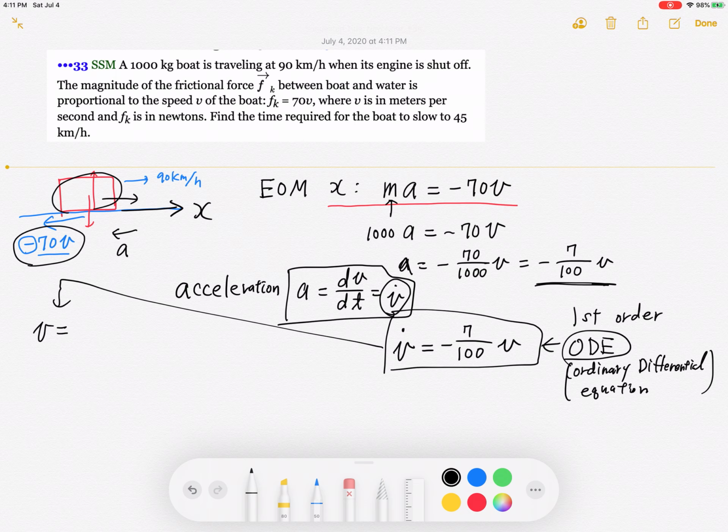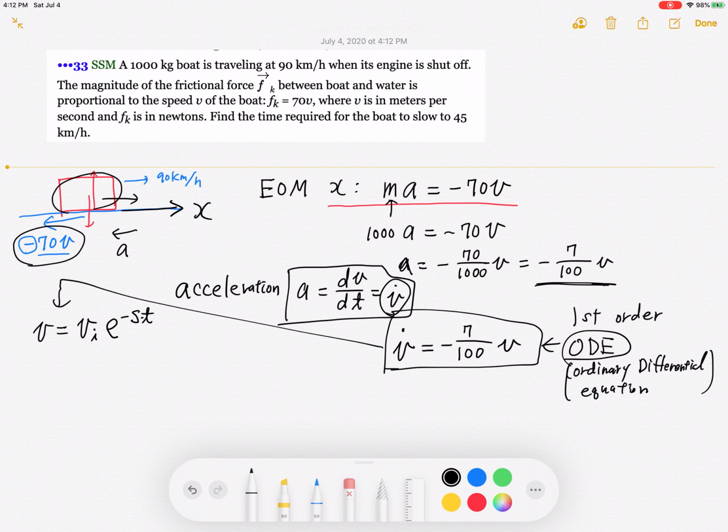we set the model velocity function as this: v initial times the exponential function e. In this differential equation, the velocity decays with time with the exponent of e, and we set something like this: negative s times t.